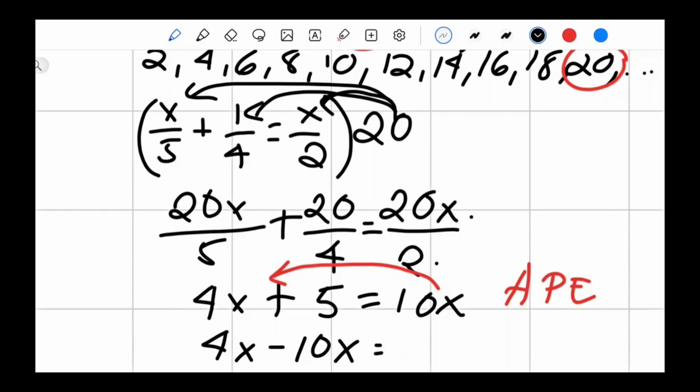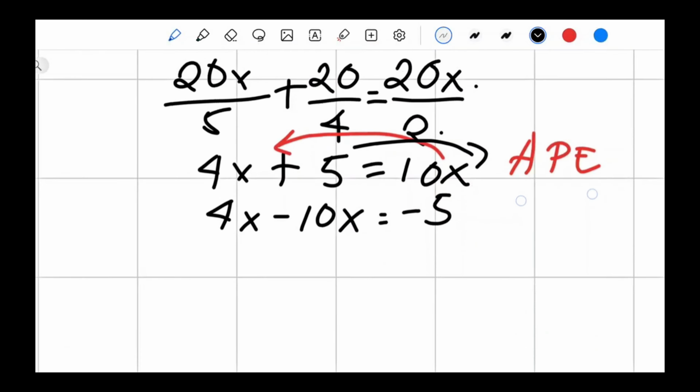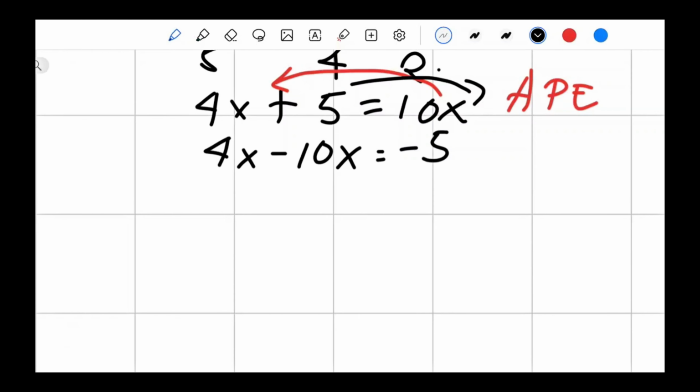Then we have 5, we will move it here, so we have negative 5. From plus 5, it becomes negative 5. Then we will combine like terms. So 4x minus 10x, we have negative 6x. Then copy the negative 5.